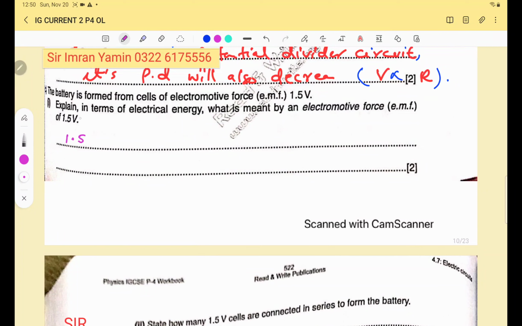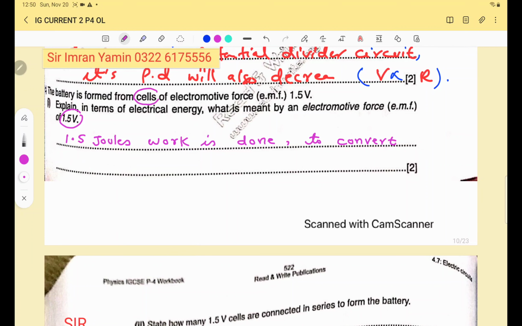Sir, 1.5 joules of work is done to convert any form of energy, and it is a cell, so we can write chemical energy.